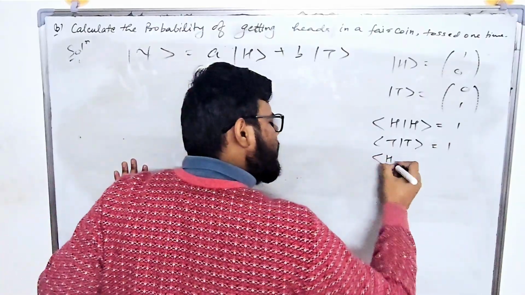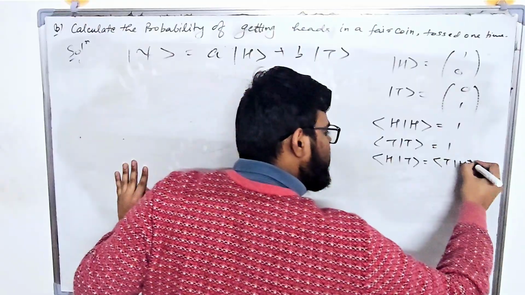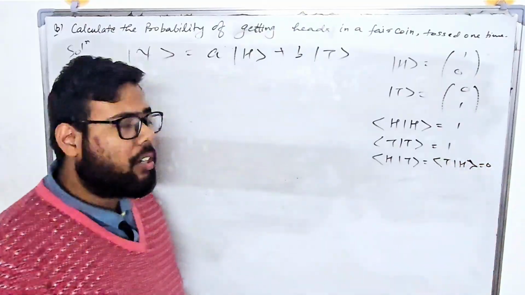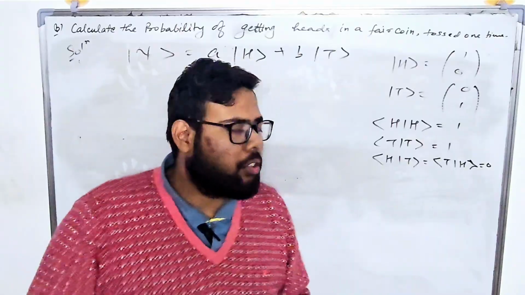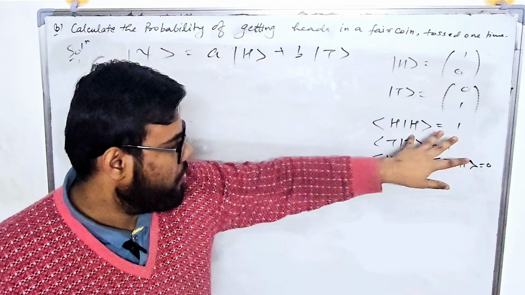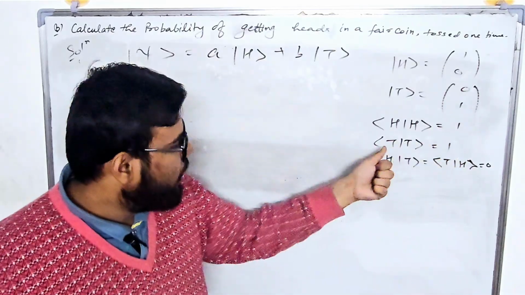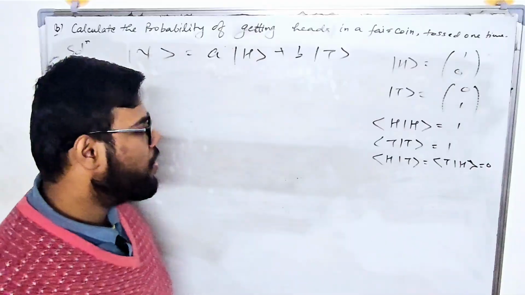But when you take the inner product of heads with tails or tails with heads, you will get 0. Why? Because these are the basis vectors and they are orthonormal, right? Since they are orthonormal, hence their product must be equal to 1 when both are the same basis vector, and if they are different basis vectors, they must be equal to 0, right?